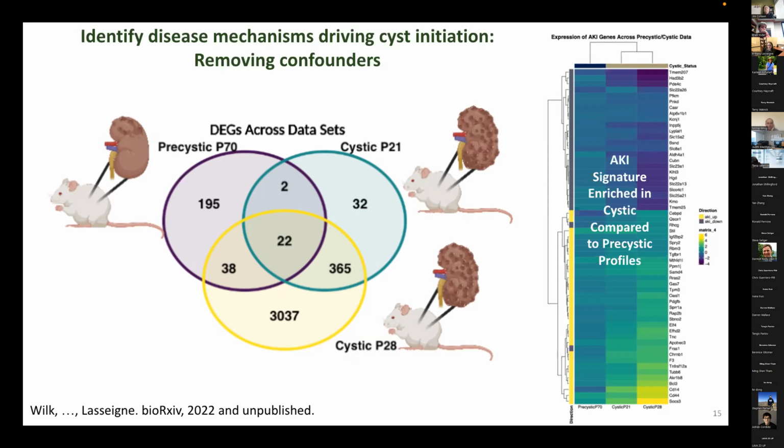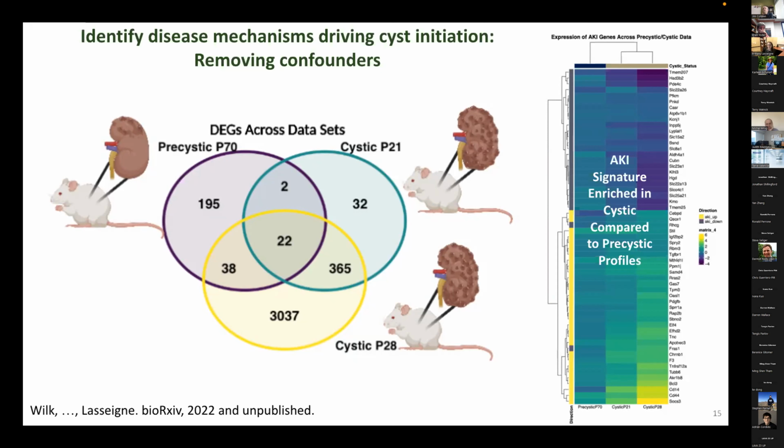Each one of the rows is one of those genes that overlapped between the AKI data and one of these pre-cystic or cystic data sets. Each of the columns represents the fold changes from one of these 3 groups you see on the screen. The dark blue column bar is the pre-cystic and the 2 gray are the cystic.